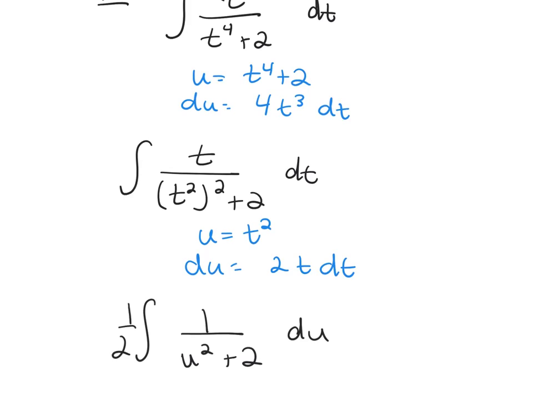Now, I know we saw this integral last week. Remember, there was a formula for this integral? What function do I have? 1 over u squared plus a squared, remember that integral? Arctangent, okay?